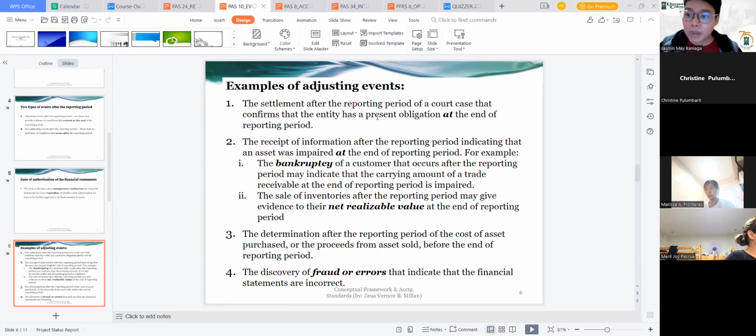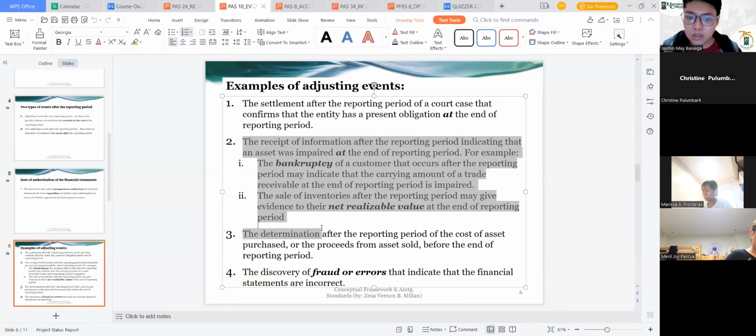So the said expenses, the said legal expenses that we're going to pay should be reflected on year 2022 because it really happened or originated for year 2022. That's the so-called adjusting event. Okay? Kahit 2023 na nalaman yung final verdict or decision doon sa case, nangyari siya October 2022, we should report on the current reporting period.